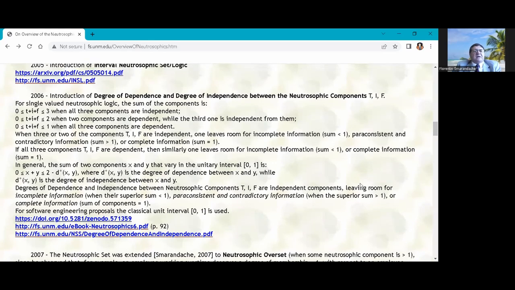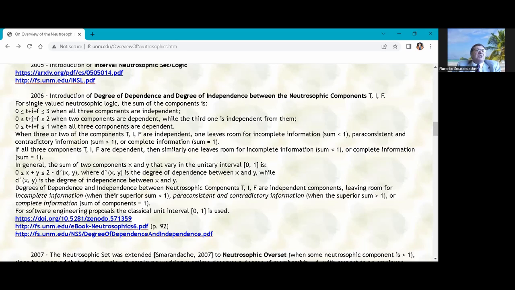In Neutrosophic set and logic and probability, because the sum of components may be between 0 and 3, we can have all kinds of connections between the three components. They may be totally dependent if T plus I plus F is between 0 and 1, almost similar to the intuitionistic fuzzy set, where indeterminacy was considered like hesitancy between truth and false.